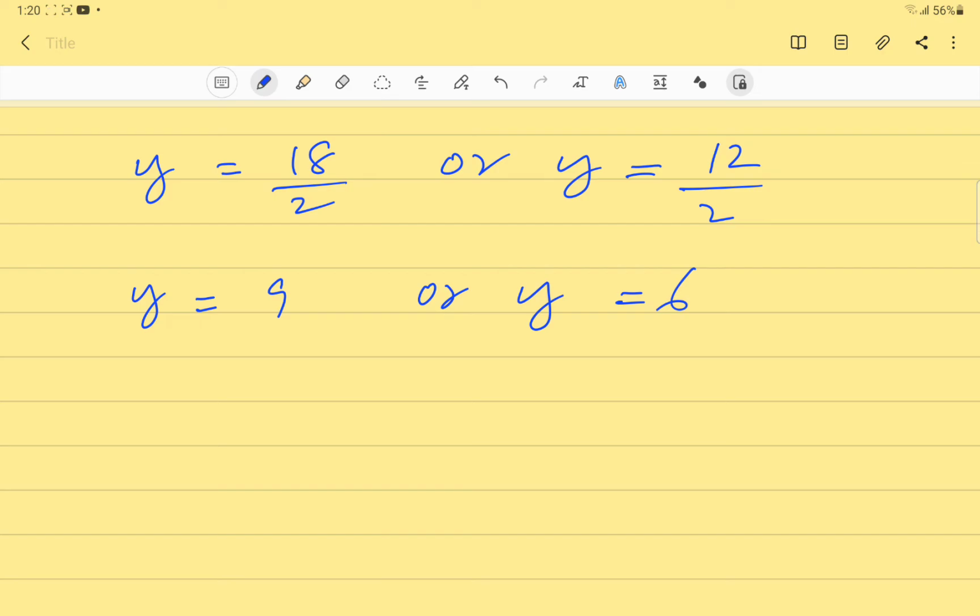Now we will substitute back the value of y which we assumed in the beginning of this question, that was x raised to power 1 over 3 is equal to 9 or x raised to power 1 over 3 is equal to 6.